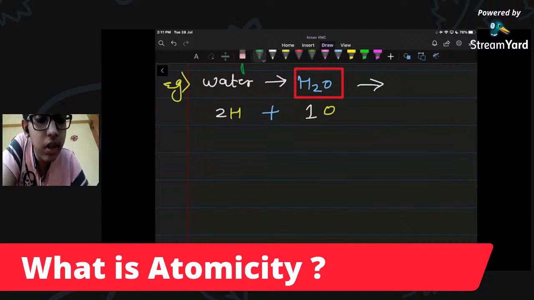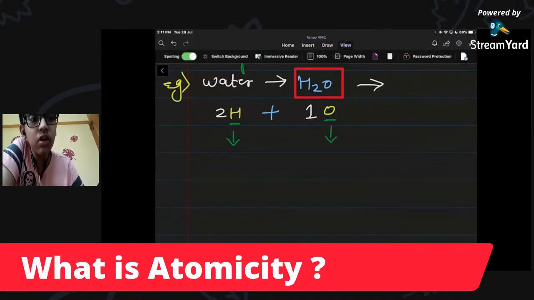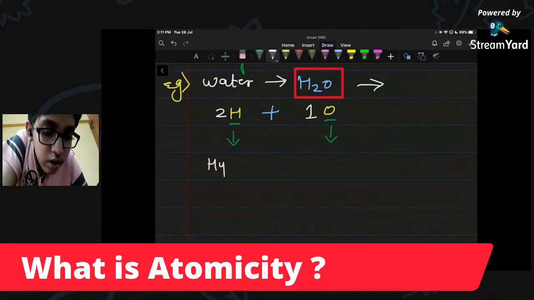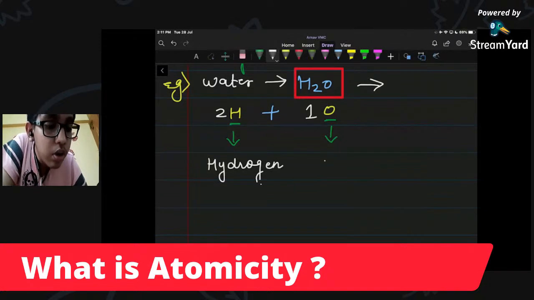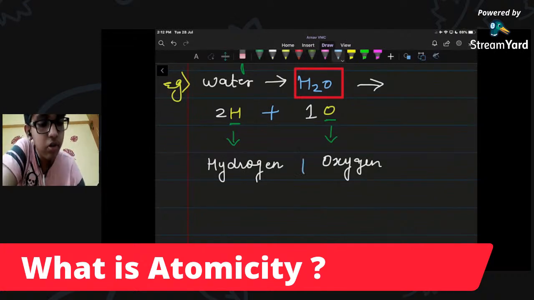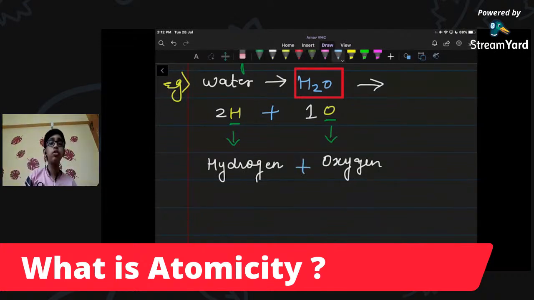I will underline it: 2H, 1O. What is H and what is O? H is hydrogen, O is oxygen. So the atomicity of water is hydrogen plus oxygen.